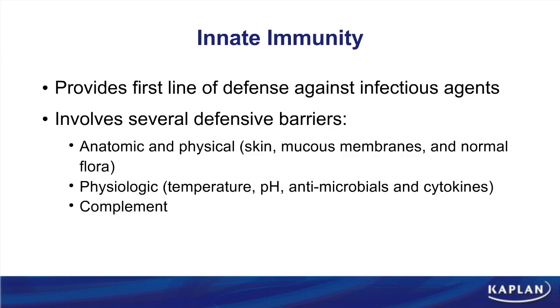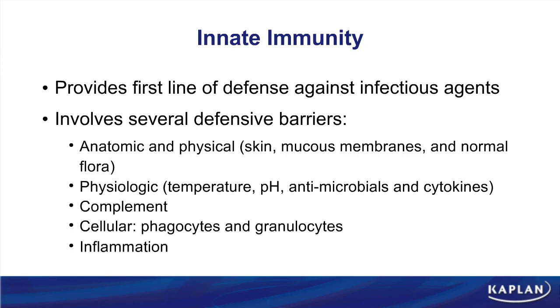Complement being in the humoral aspect. Let's go ahead and add in there our phagocytes and our granulocytes. And when you put all of these things together, really what you're going to do is have the presentation of inflammation. So inflammation, sometimes viewed as a very bad thing, really is critical for the clearance of an infection.